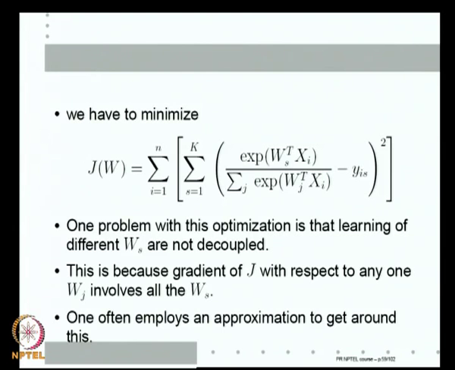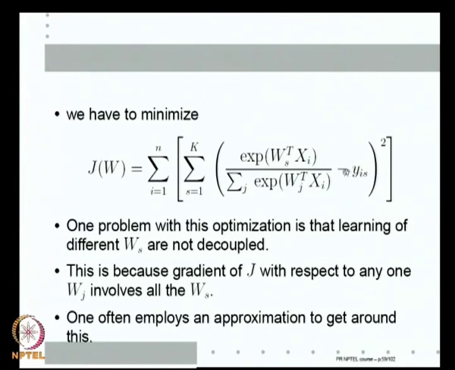Because it can become computationally difficult, one sometimes does some approximations. Of course, when you do approximations, you are no longer exactly minimizing the function that you should be minimizing, but often these approximations are good enough. The approximation is based on the observation that the problem, that gradient of J with respect to any one Wj involves all the other W vectors, comes because of only this denominator term.